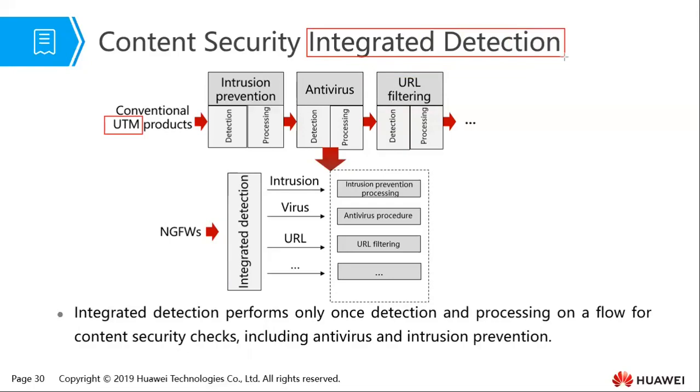Now, what integrated detection means is that you are not just filtering packets based on where they're coming from and where they are going, but you are also able to do things like intrusion prevention, antivirus scanning, and URL filtering. So you can also filter based on the URL, the address to where that particular packet is going to, and many other parameters which we are going to look at.